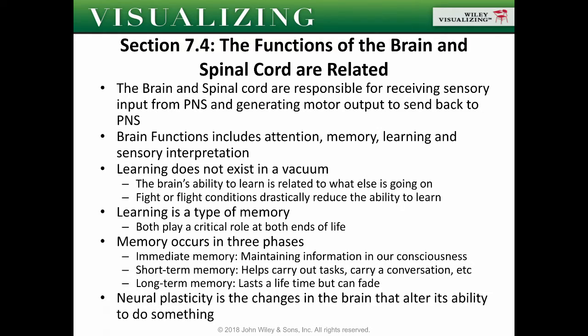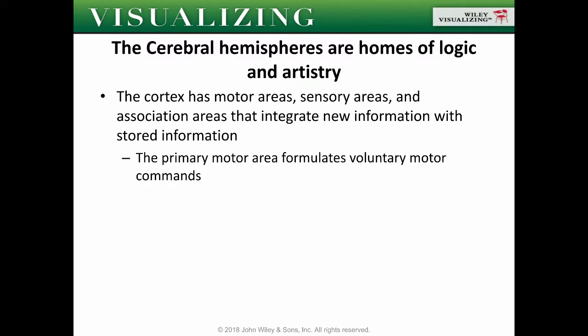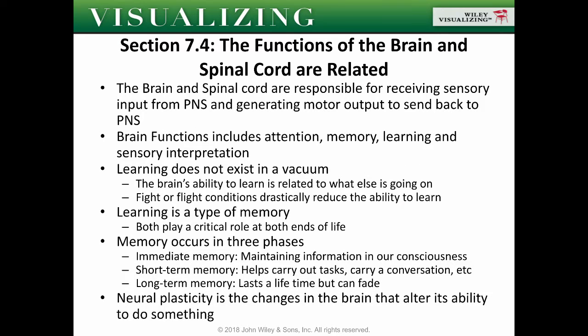Neural plasticity is the changes in the brain that alter its ability to do something. When you say plasticity, it's being molded. By the way, babies, newborn infants, and even developing fetuses have more brain cells, especially newborn infants, they have a lot of brain cells.